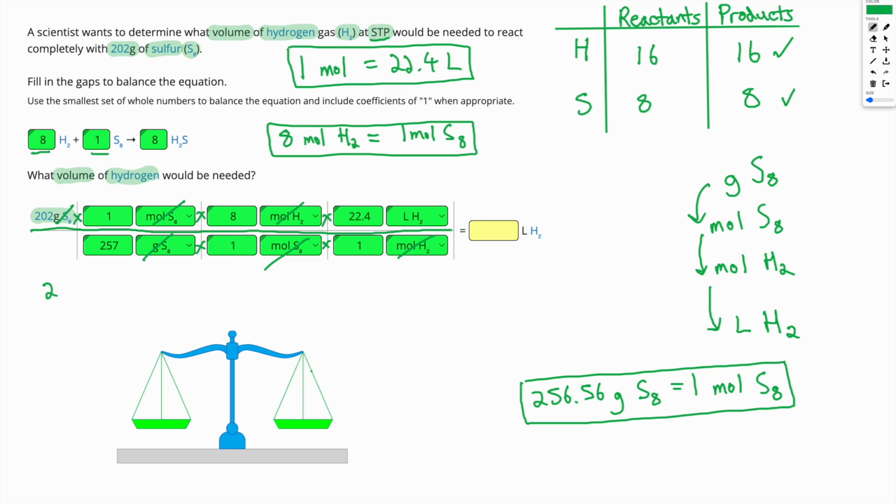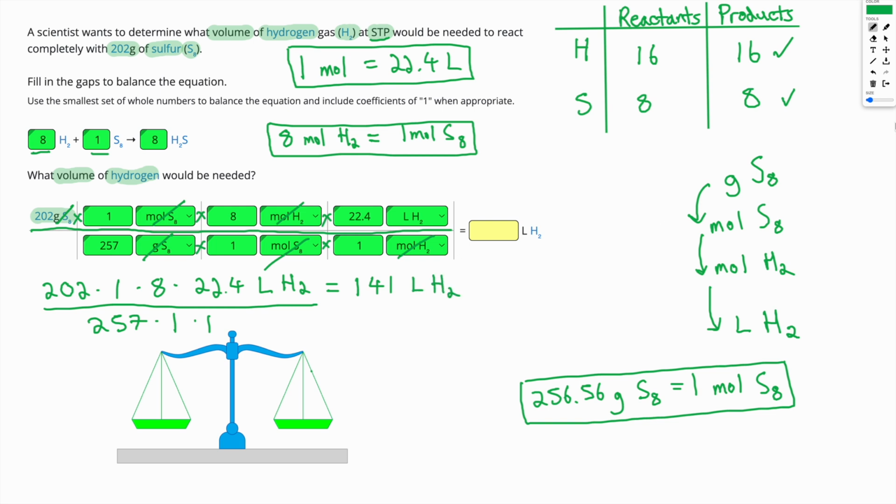So we've got 202 multiplied by 1 multiplied by 8 multiplied by 22.4 liters of H2. And we're dividing that by 257 multiplied by 1 multiplied by 1. So if we put that into our calculator, we're going to get out 141 liters of H2. So let's check that in our answer box now.